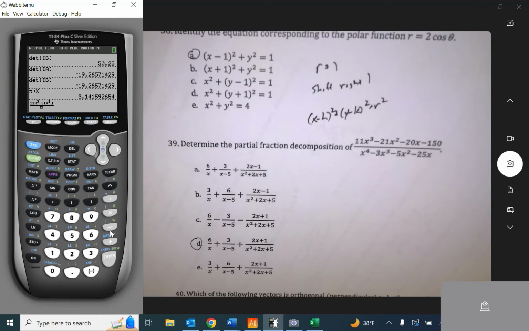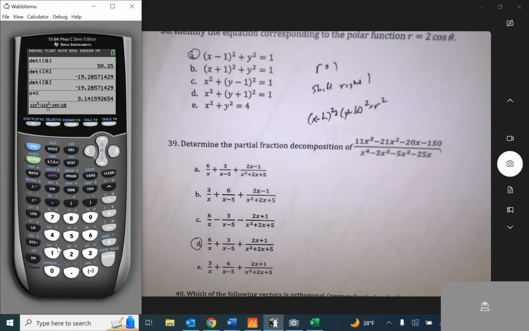I can't tell you if I was 17 years old and I saw the words partial fraction decomposition, if I would have even thought about numerical equivalency. I don't know if I would or not. But that's what it is. They're breaking this thing into all of its distinct parts. It's useful in calculus to some degree. Now, why one wouldn't just do the quotient rule is beyond me, but whatever.